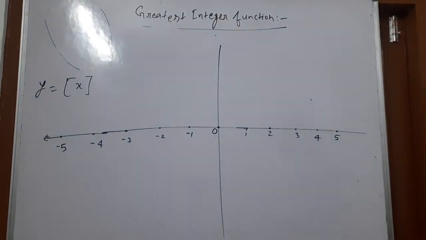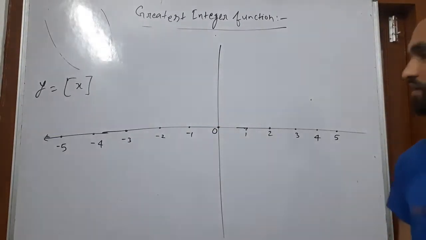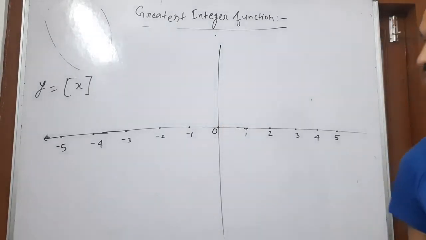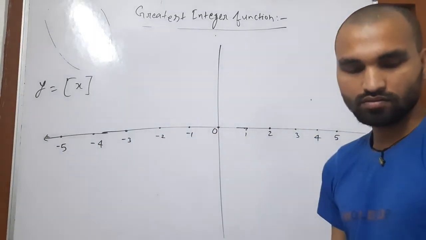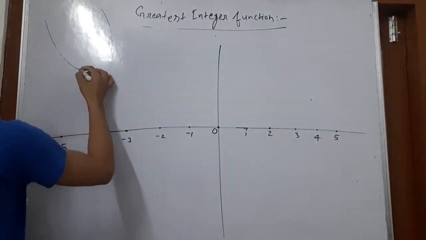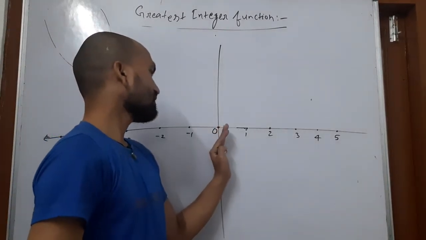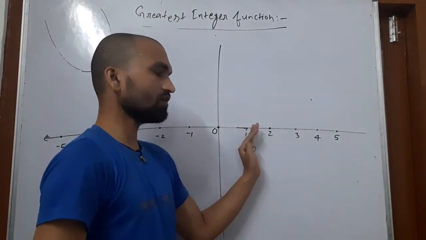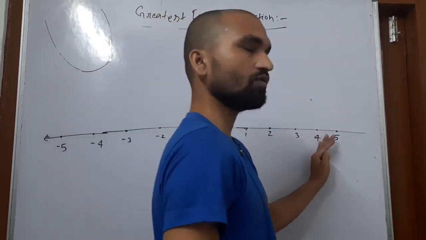Okay, so first of all we should decide what the value of y is for these particular values. If we discuss exactly for 0, it will be 0. We should move including 0 and before 1. After that, including 1 before 2, including 2 before 3, including 3 before 4.